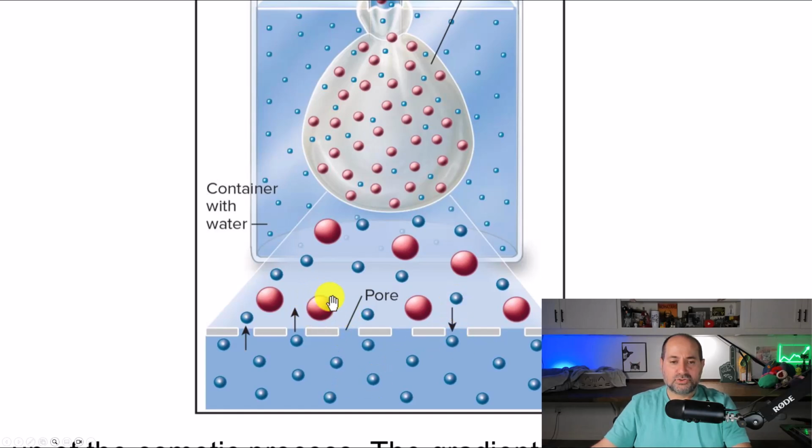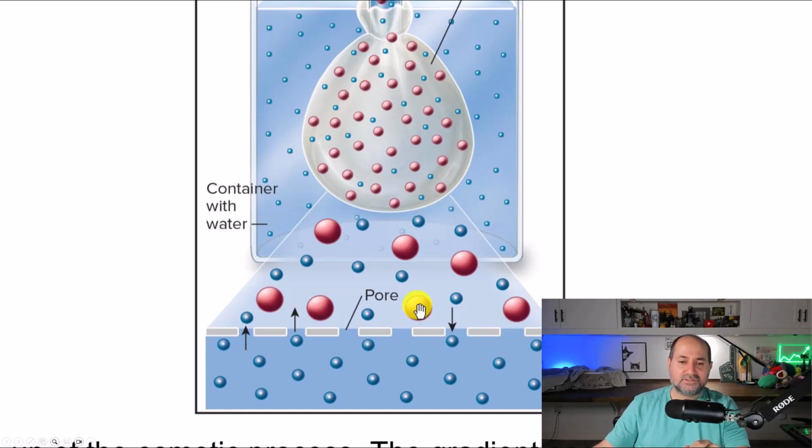But can the sugar molecules cross these pores? Can the sugar get across the pores in the bag? No, right? It's because the sugar is too big to cross the membrane. This would be an example of a semi-permeable membrane. All right, so that's the semi-permeable membrane, right?